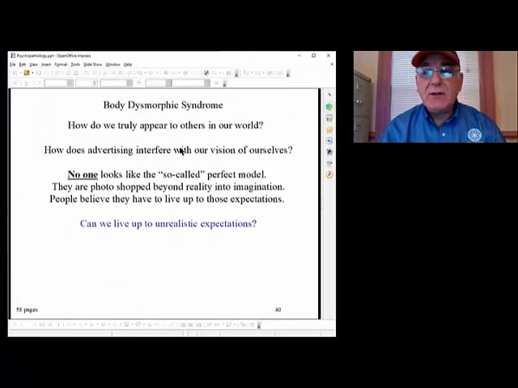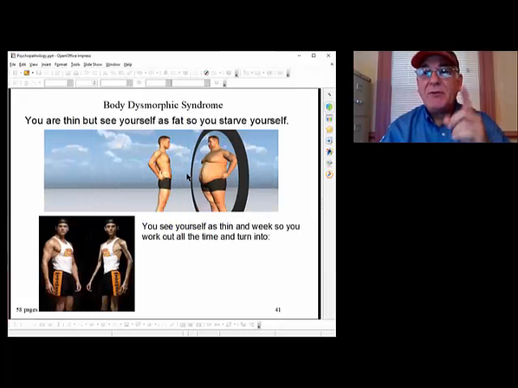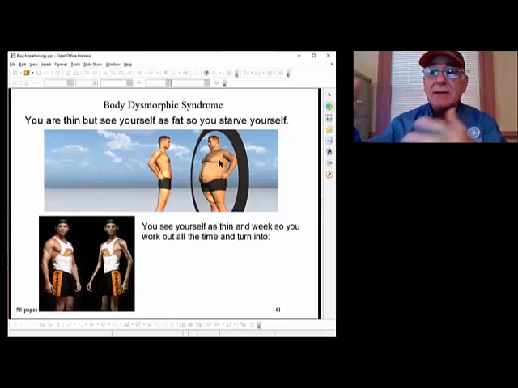So no one looks like the so-called perfect model. I purposely made this one a man because usually it's women, but we have a body that's okay. There's nothing really wrong with our body, but what we see in the mirror is a huge body. We see ourselves improperly: body dysmorphic syndrome.